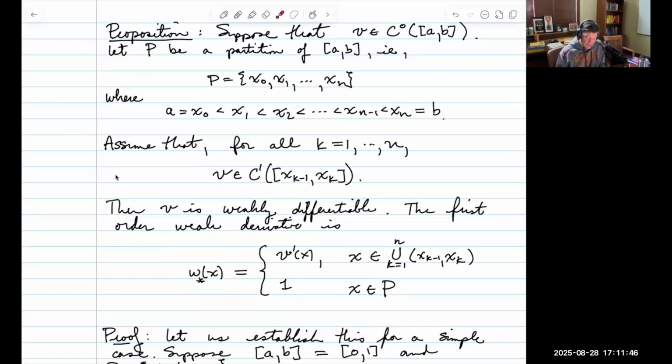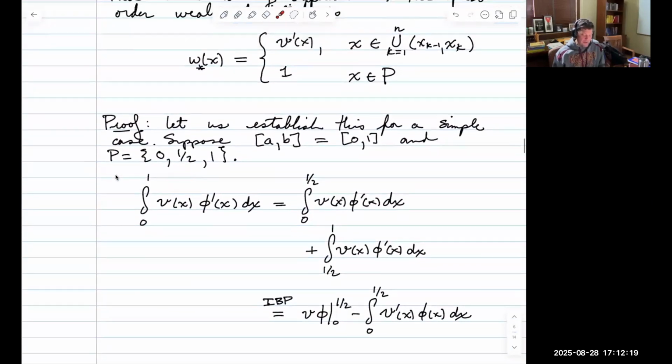Now, at the specific points of the partition where v may have a jump discontinuity, where its derivative may have a jump discontinuity, I can define its derivative to be anything I want there. Doesn't matter. So I'm just going to say, let's let the derivative be equal to 1, just for giggles, I guess.